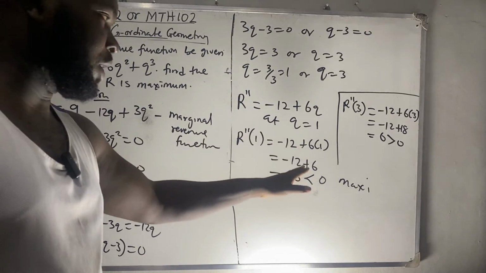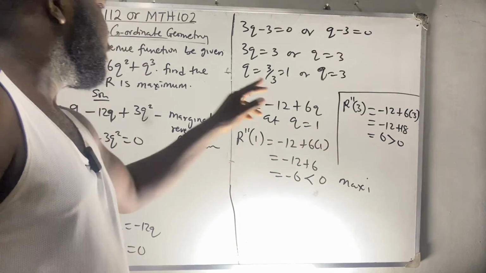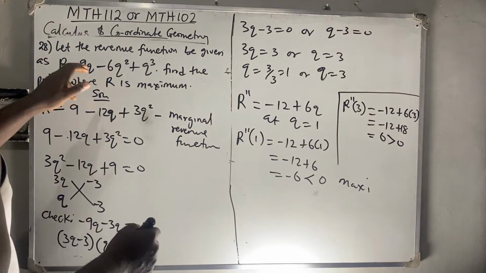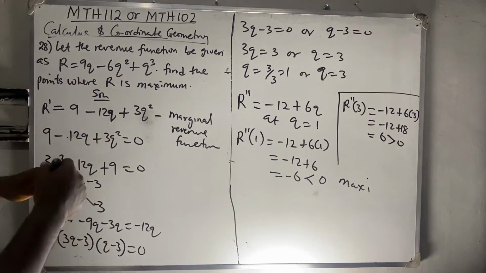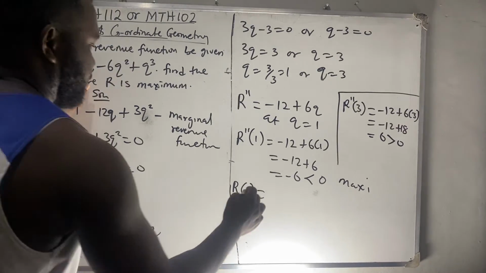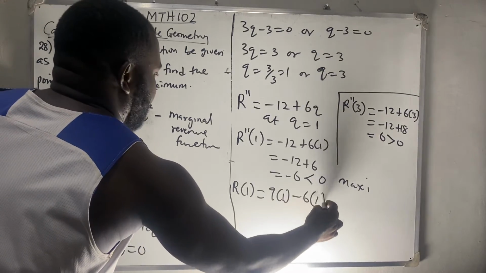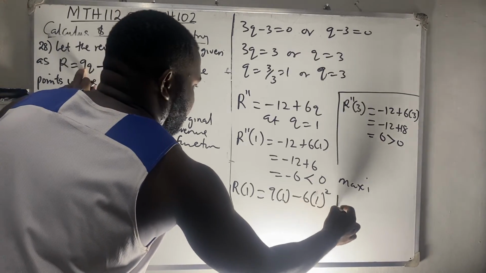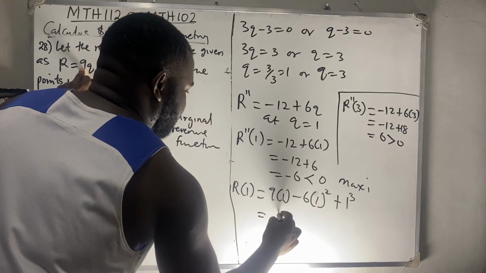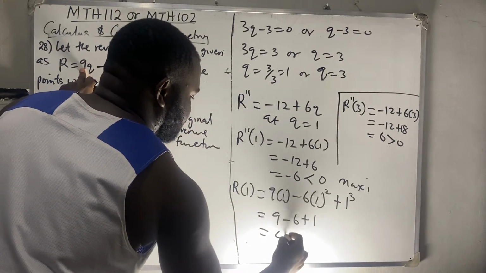We have gotten that the one that is going to give us maximum is 1. So that is for the Q. Then for the R, we come back and substitute that 1 inside R. So R of 1 will give us 9 into 1 minus 6 into 1 squared, then plus 1 cubed, which will give you 9 minus 6 plus 1, which is 4.